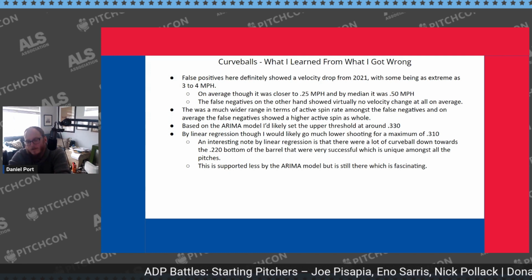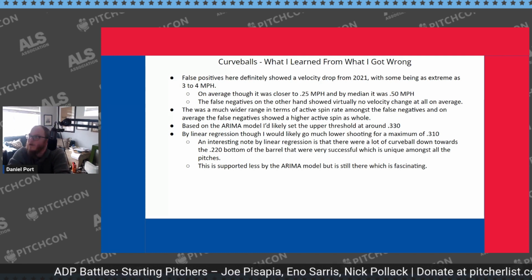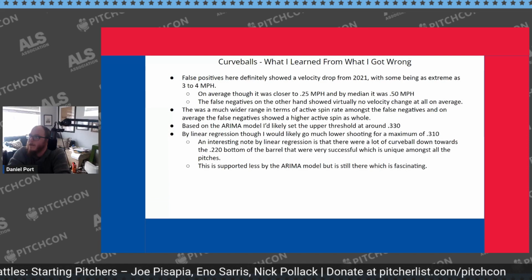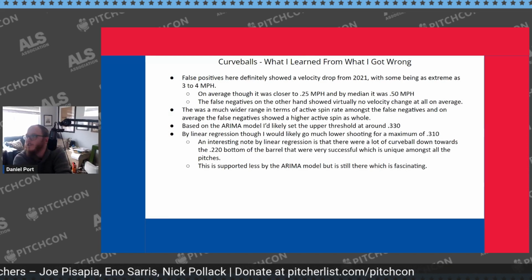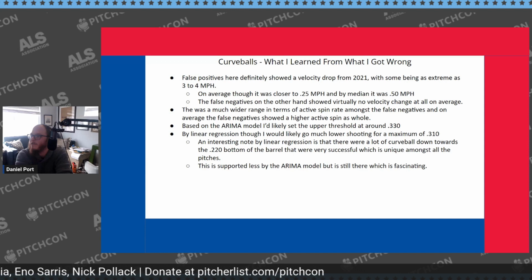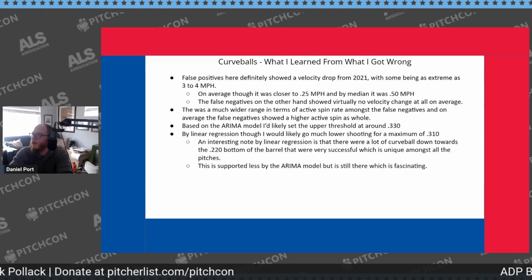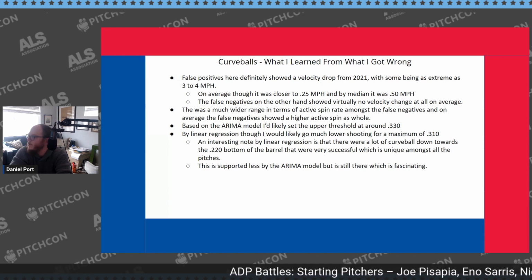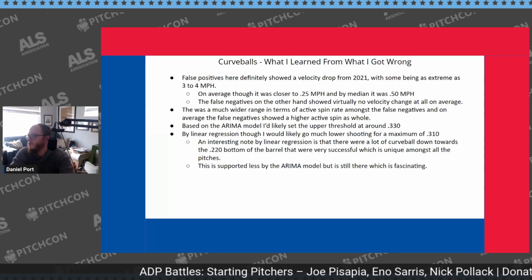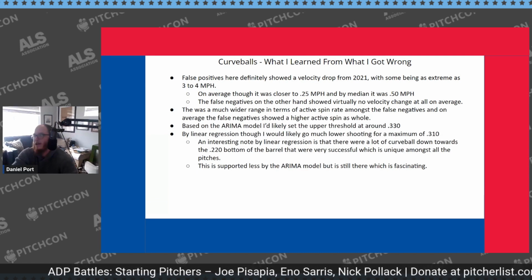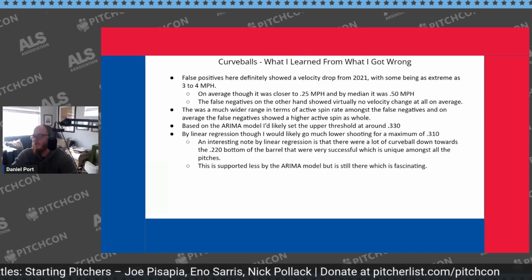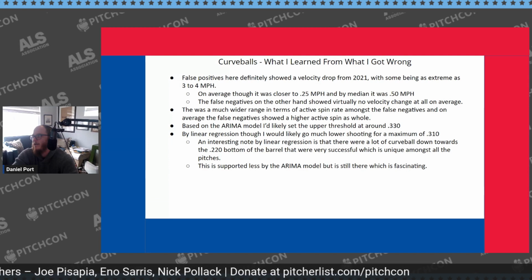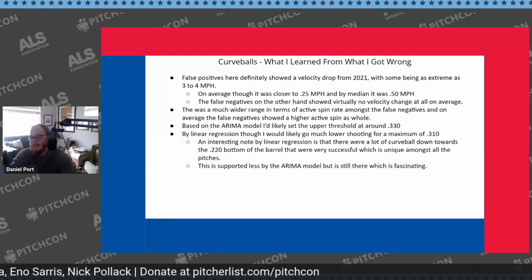What I noticed was the positives had a much lower spin rate. I'm just double checking that so I can tell you for sure. Okay, here's what's fascinating. Looking at velocity drops, for the false positives you didn't see a huge change in velocity.